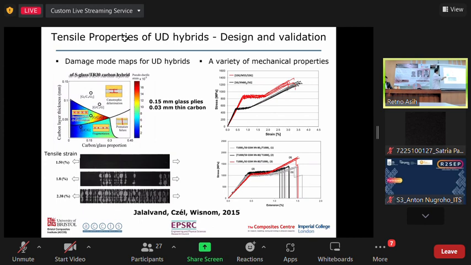So here's the area that we are more interested in to get this pseudo behavior. It's a quite low, beneath 0.3, carbon-glass proportion and quite thin carbon layer. So around 0.03 is quite good. Here's the proportion and also the carbon layer thickness. Here's the number of strain, quite high strain. So here's the area that we are more interested in to get this pseudo behavior.